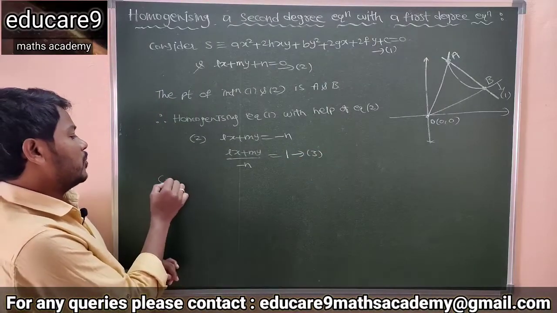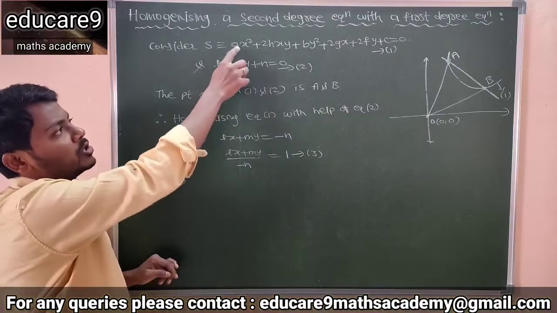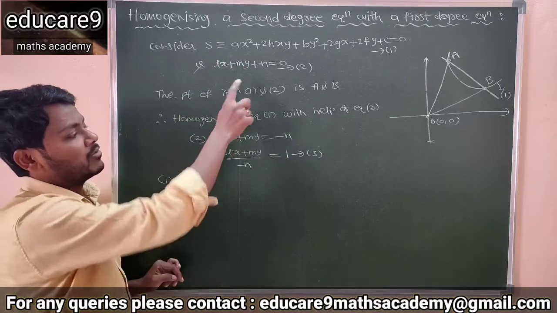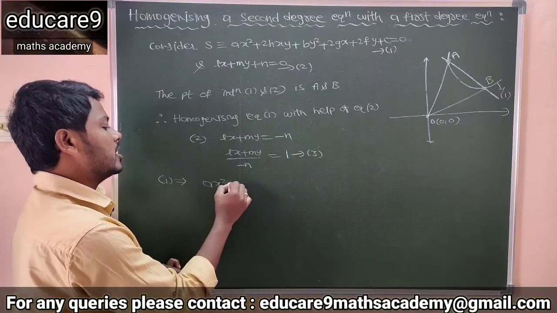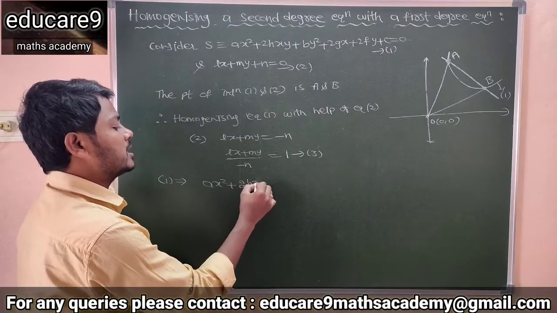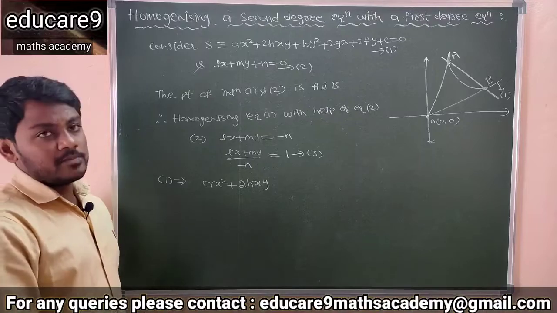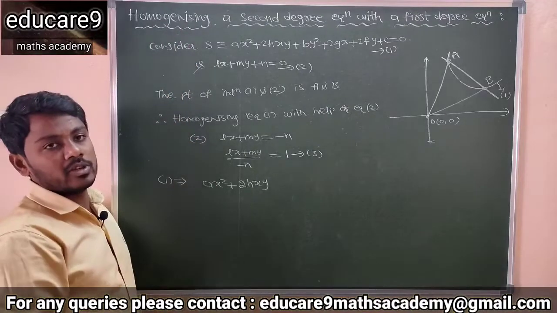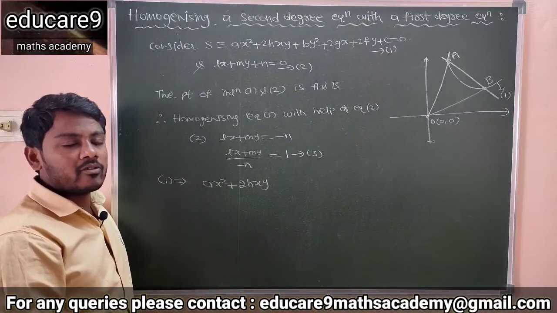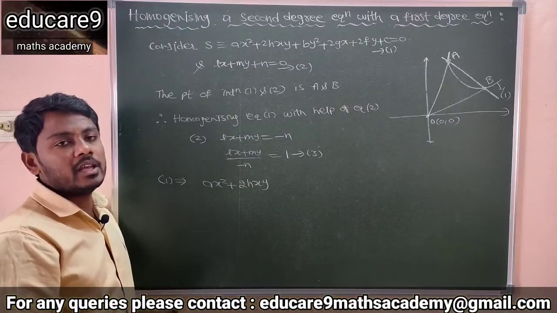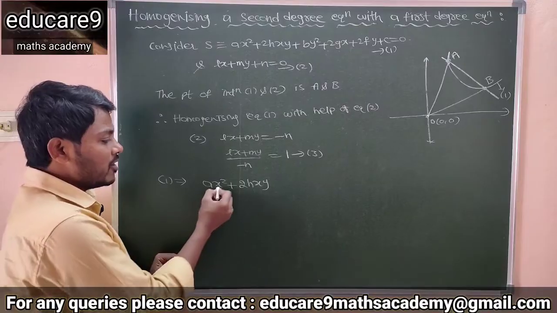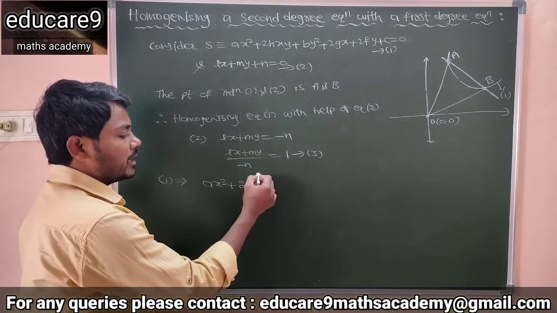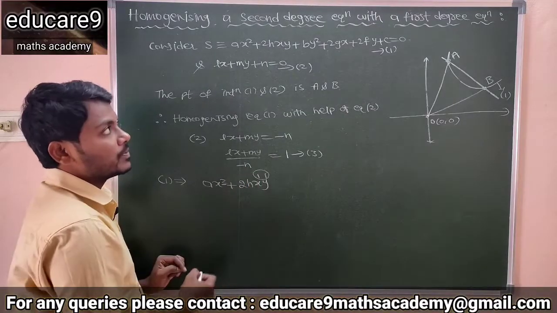Now we have to homogenize equation 1 with the help of equation 2. See here, ax square, 2hxy. What is meant by homogenizing the equation? It means the equation has the same degree throughout, then that equation is called a homogeneous equation. Here the degree is 2, here degree 1, total degree 2.